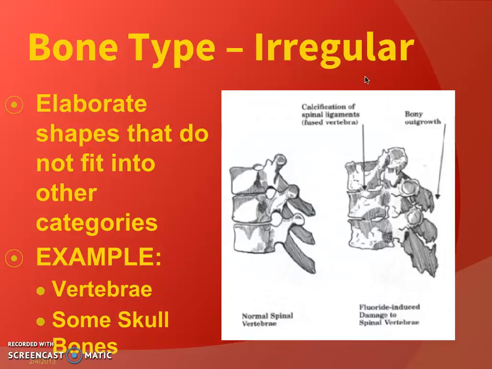It's got all these little spinous processes that stick off, and those have to do with our nerves, so we don't really get much into those. And some of our bones in our skull are considered irregular bones. These are mainly just for structure. They do a lot of crazy things, like I said, mostly with our nerves.